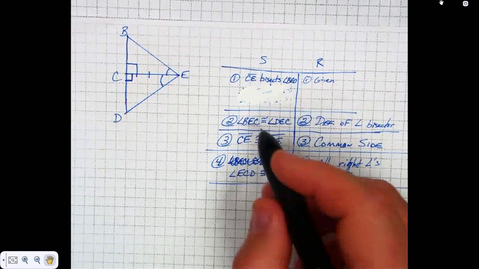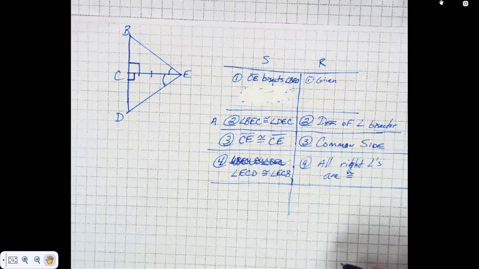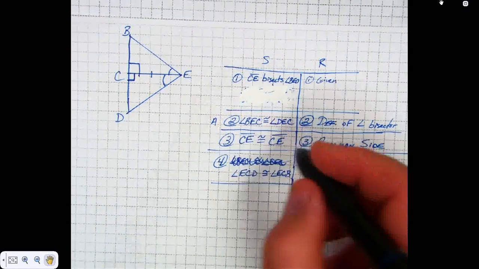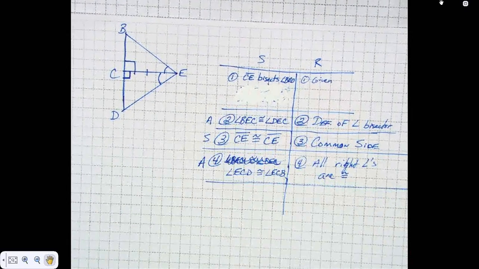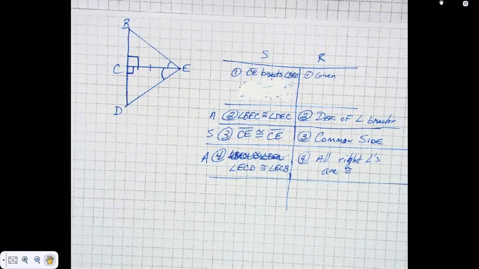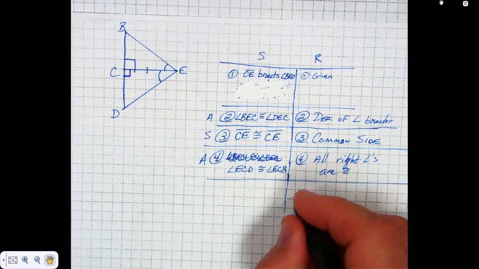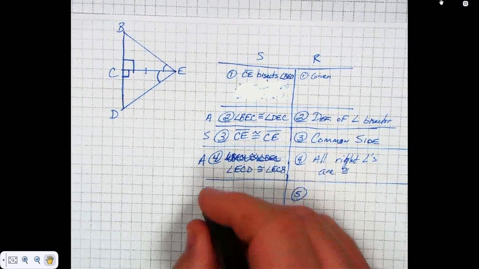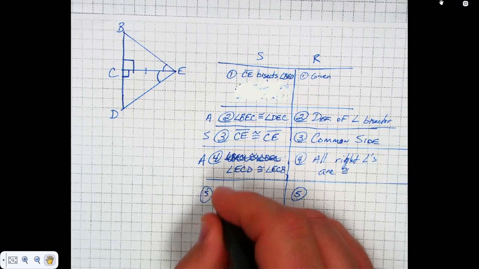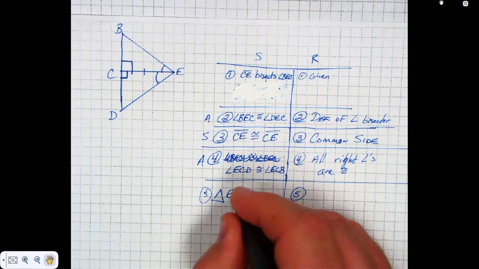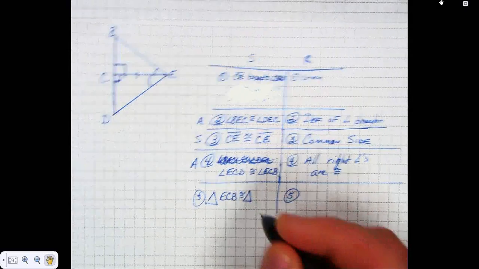Now, if you noticed, I've said an A, have I not? I've said an S, side, and I've said an A, angle. I've stated an A, an S, and an A, so I've stated three things that I need. The question is, I know that these two are congruent. Triangle ECB is congruent to triangle what?